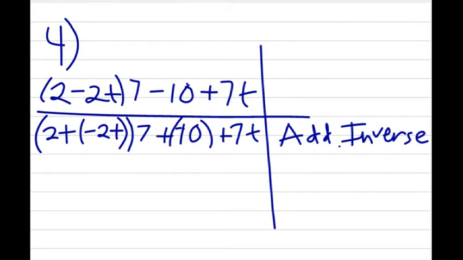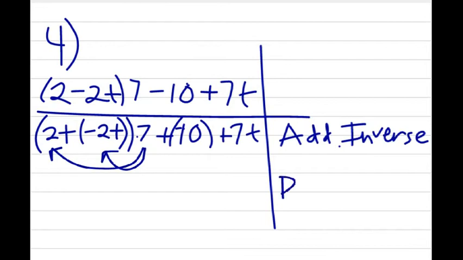So now I have to look for multiplication. The only multiplication I have is this 7 that's going to have to get distributed inside the parentheses. Now, just because it's on the right-hand side doesn't mean it doesn't distribute. I still have a parenthesis right next to a number. That means multiplication.